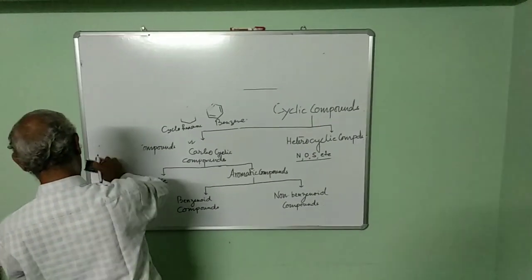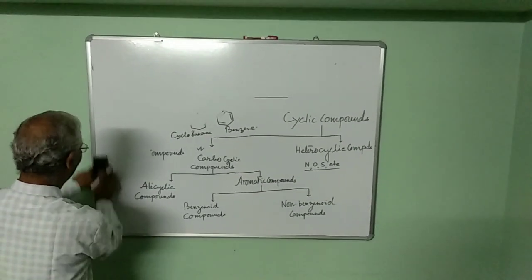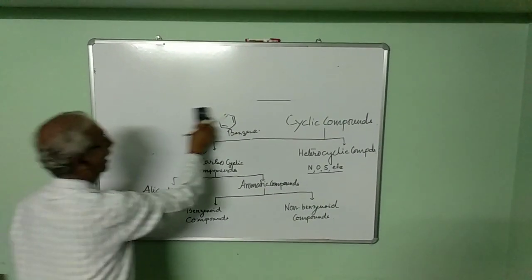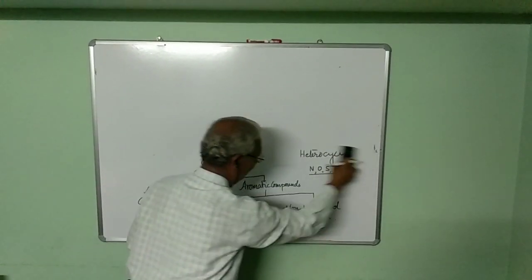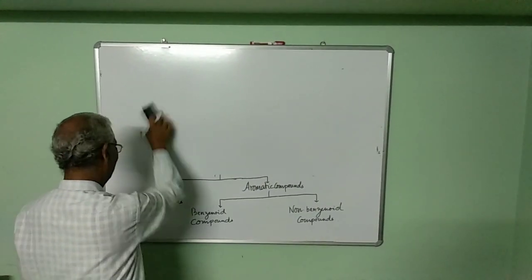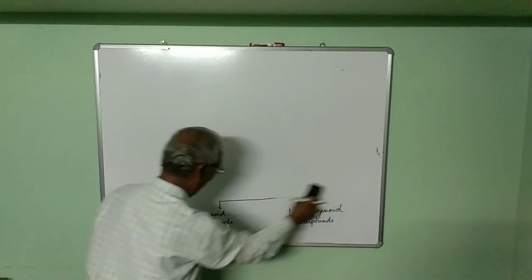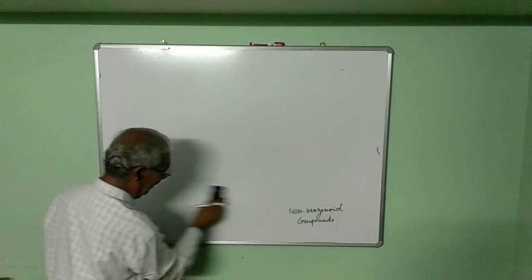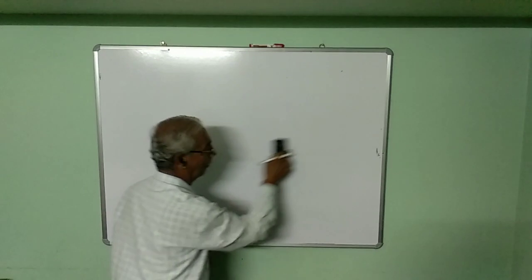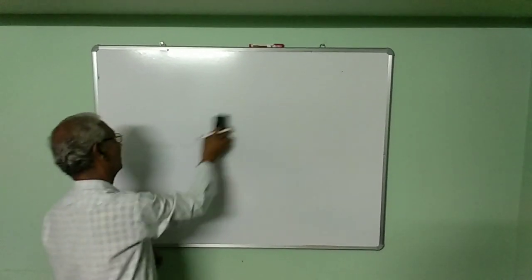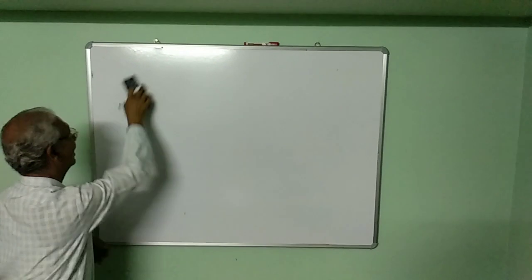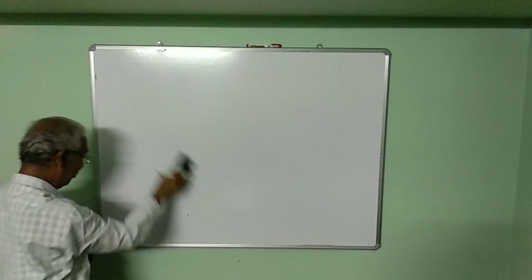In case of aliphatic compounds, the number of hydrogen atoms with respect to carbon will be more. But in case of aromatic compounds, the number of hydrogen atoms with respect to carbon will be less. You can differentiate it with the help of burning.